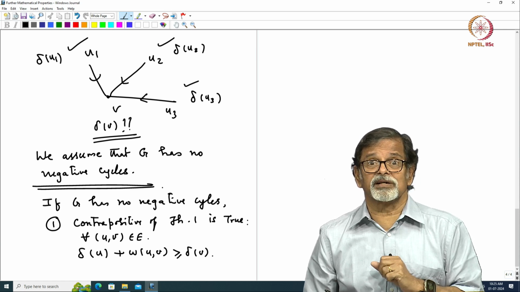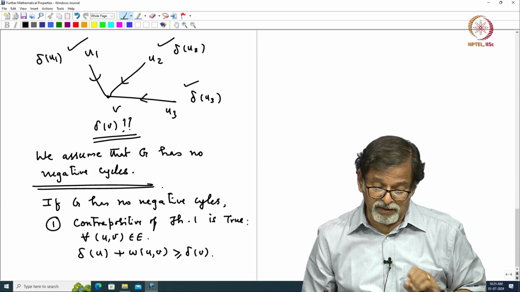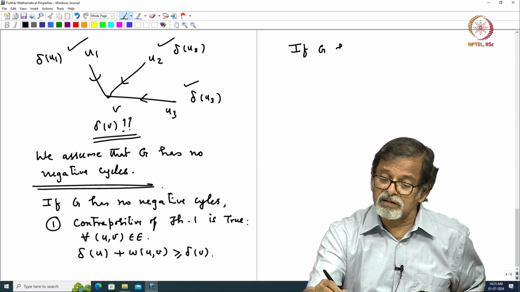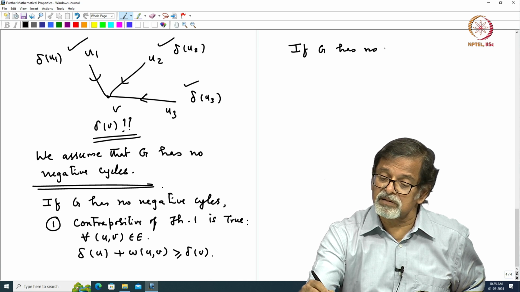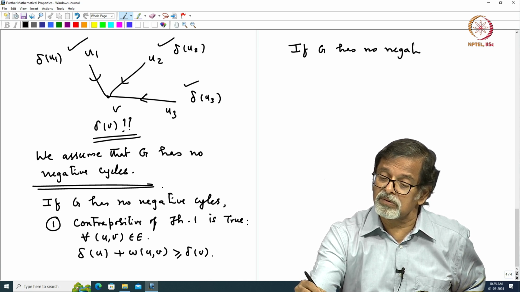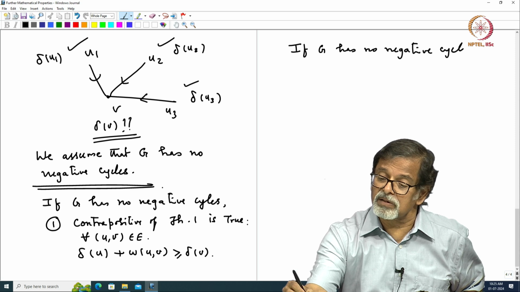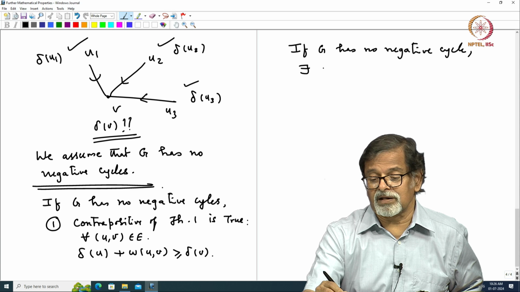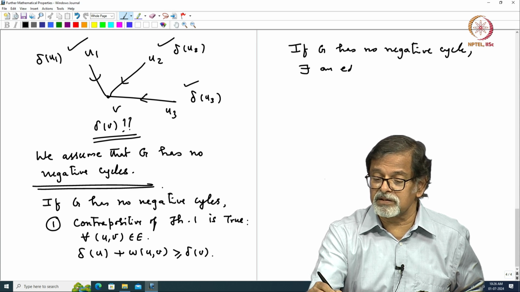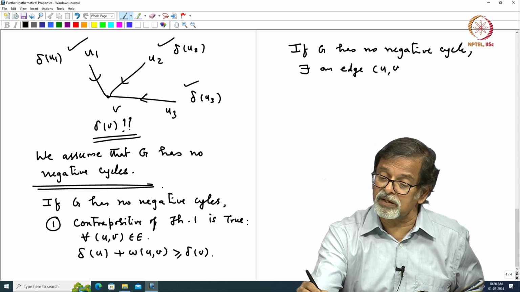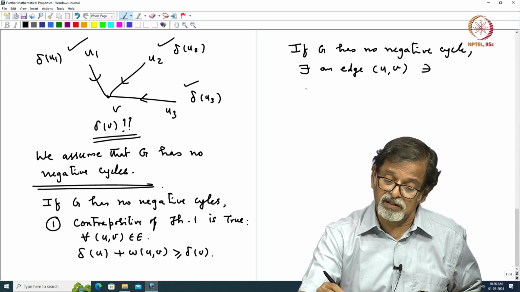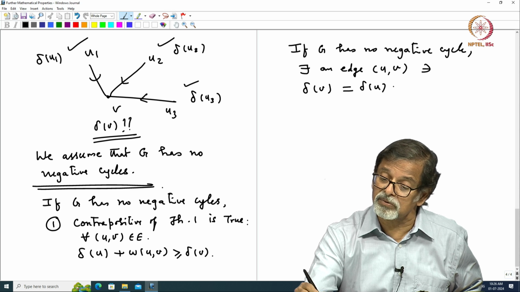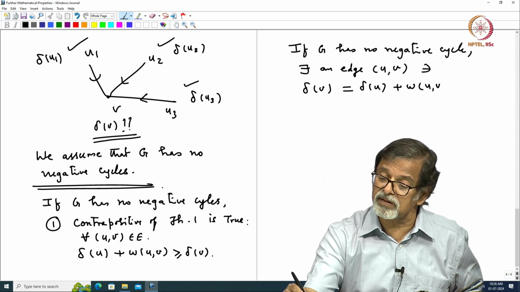The second most important property: if G has no negative cycle, there exists an edge (u, v) such that delta v is in fact equal to delta u plus weight of (u, v).